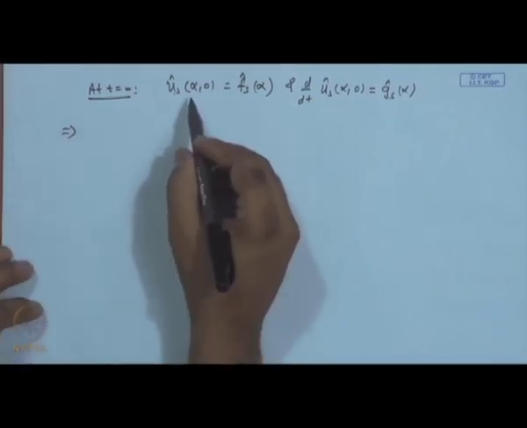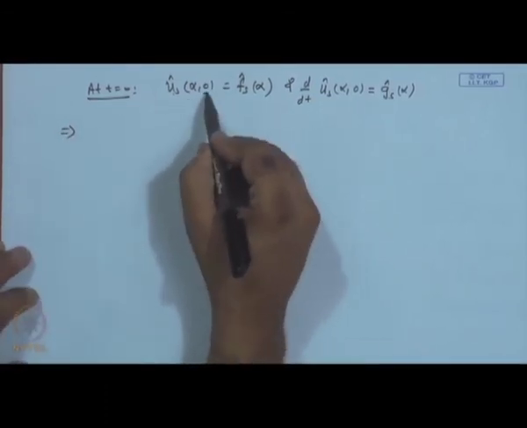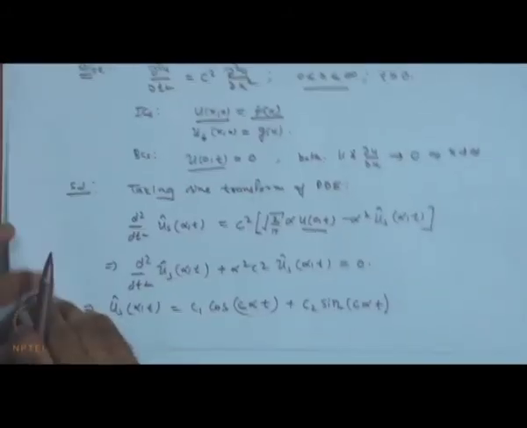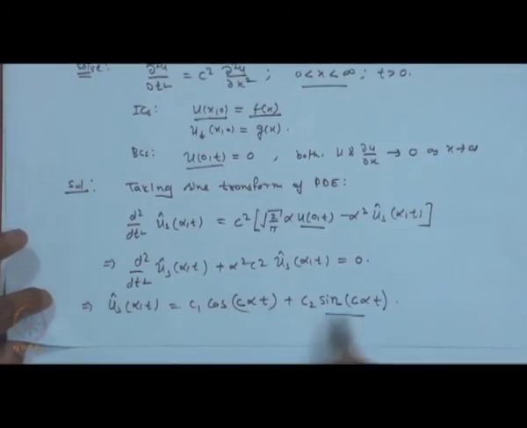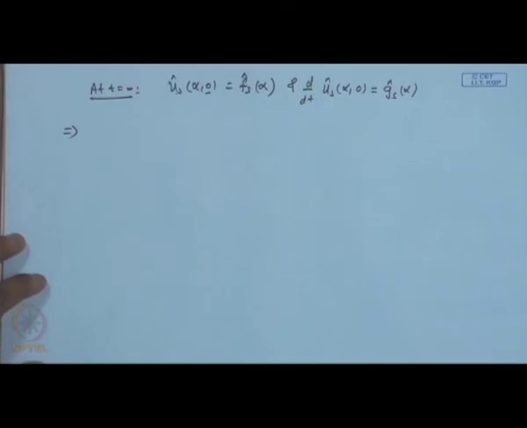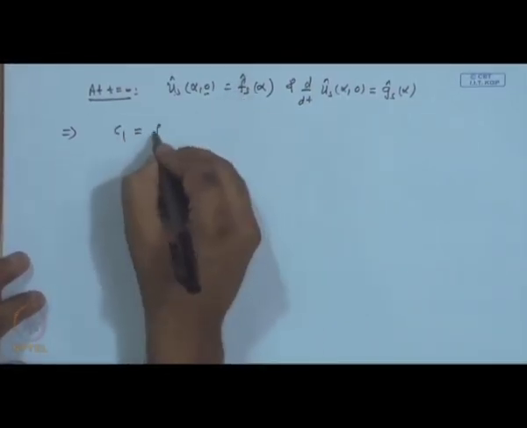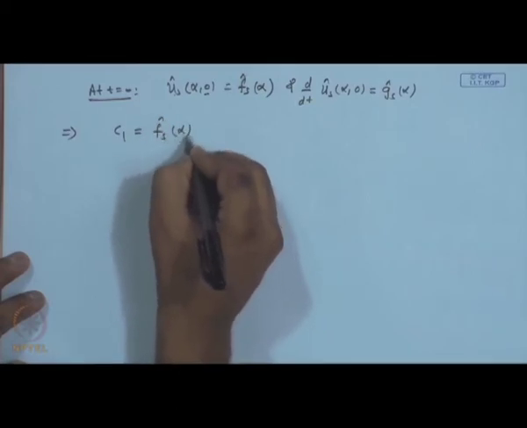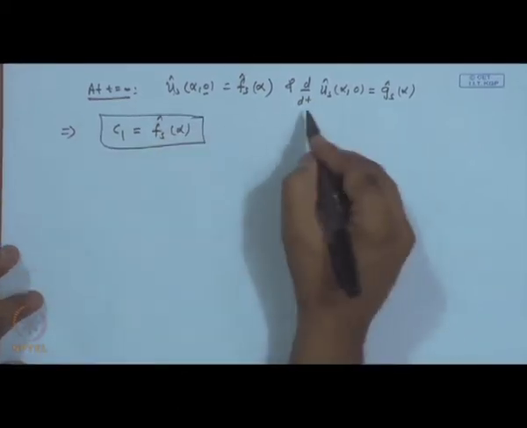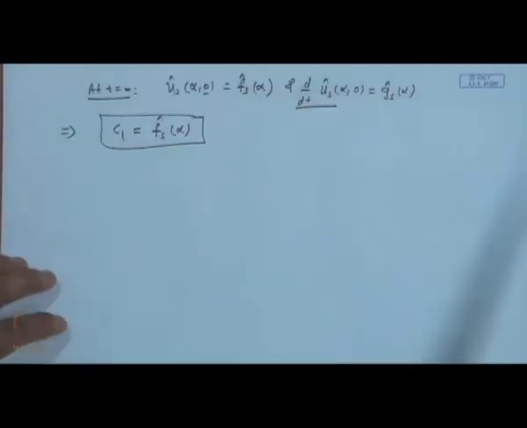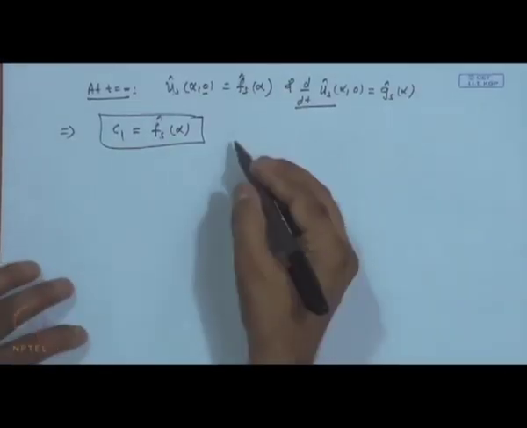So, from the first initial condition, when we put t equal to 0 in this, the sine term is 0. So, we have c1, this implies c1 is f_s hat(alpha). So, this is 1. For the second one we need to get the derivative of this first, and then we will put t equal to 0.